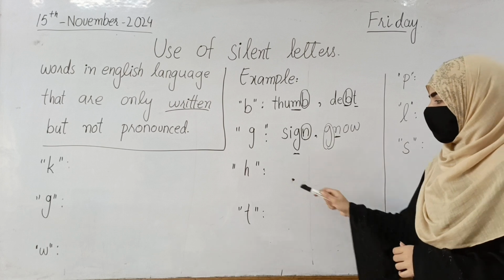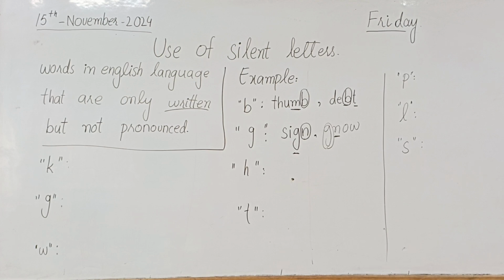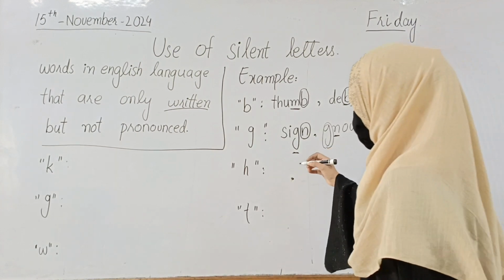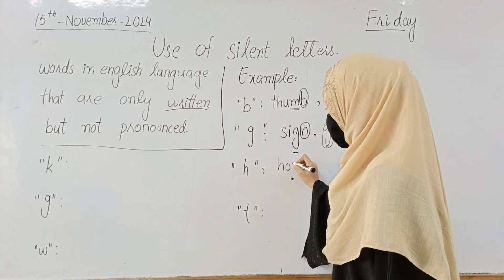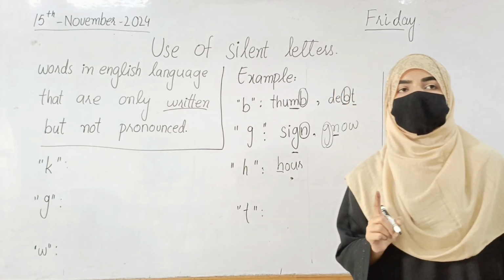Now we will move towards H, and in which conditions the letter H is silent. H is often silent at the beginning of a word, or often after G. For example, a very common example: hour. We don't pronounce it with an H sound.